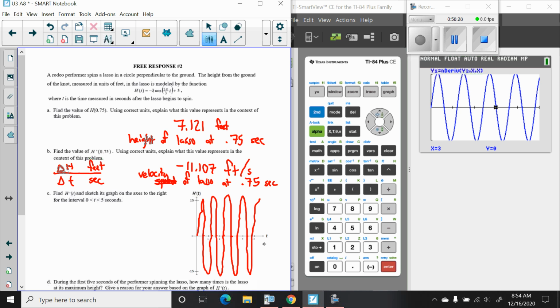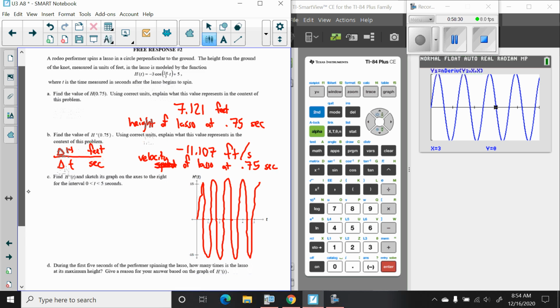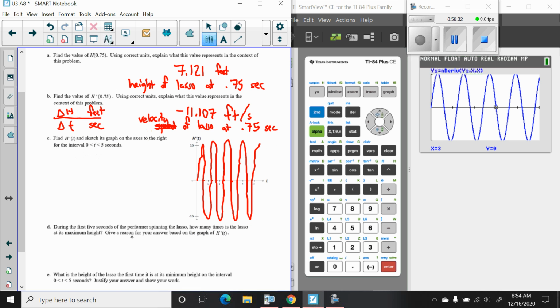All right, close enough. During the first 5 seconds the performer spins the lasso, how many times is the lasso at its maximum height?